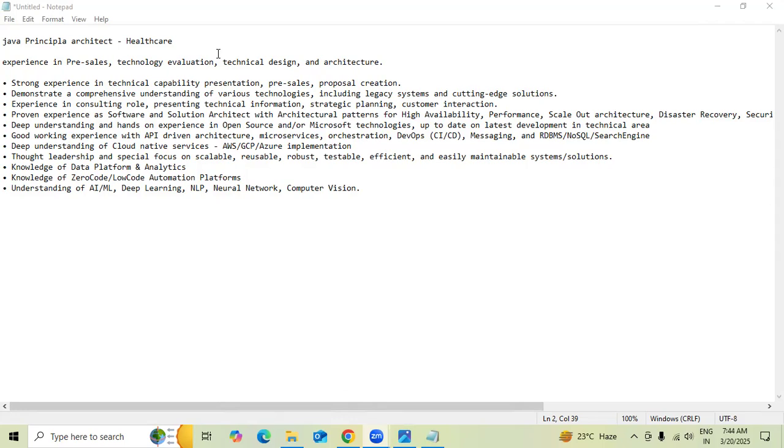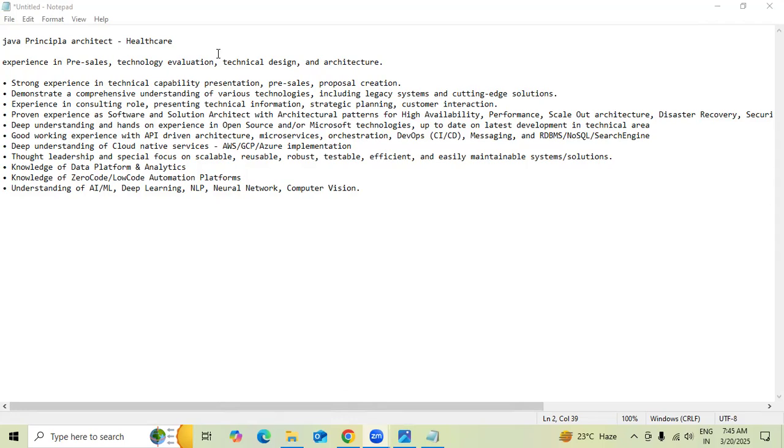So we support developing technical capability presentations and proposal creation, and we have to participate in everything. That is really important, because if you are a developer, that's a different thing. But when we move into principal architect roles, it's always important to understand the technical capabilities.